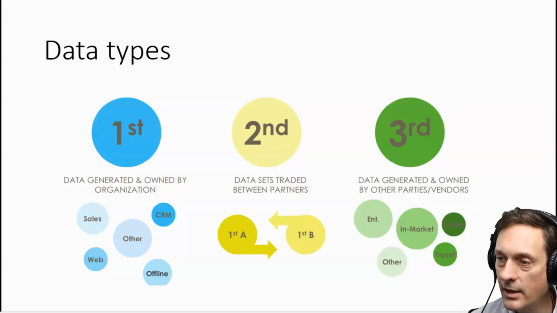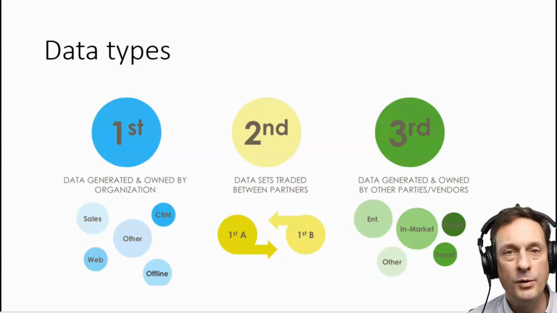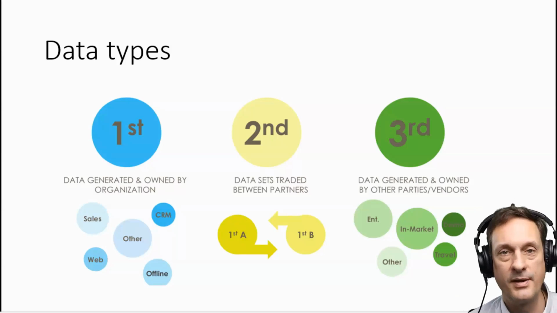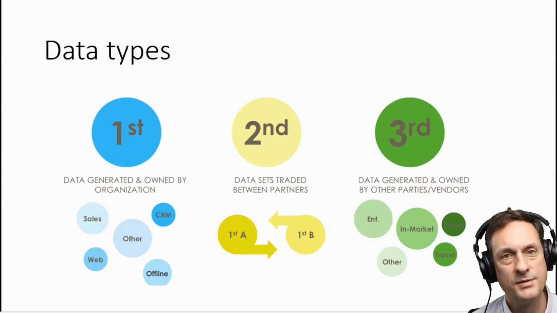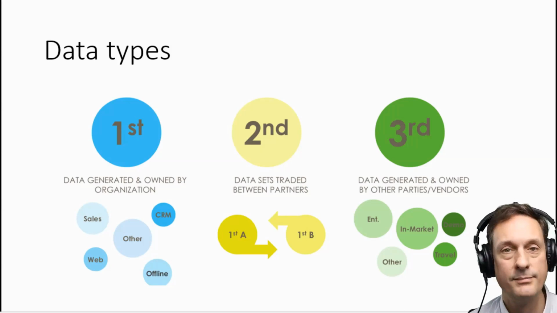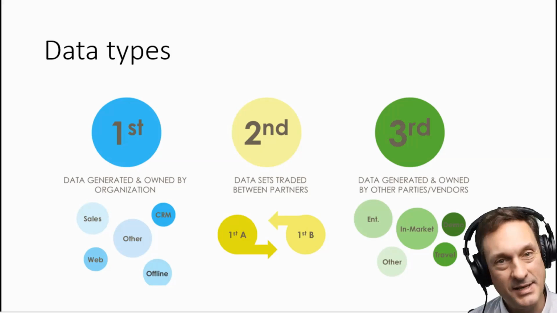Now, in the middle there, we have second-party data, which is sort of there for just completeness. It's not something that's commonly used, but it would be where you run a promotion with another brand. So say, for example, an insurance company and, I don't know, a sports drink company run some sort of co-promotion, and they share data with each other.